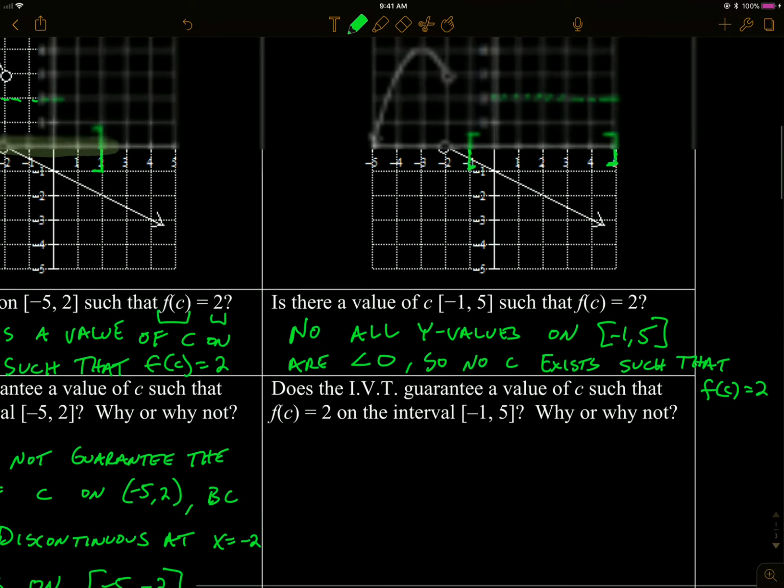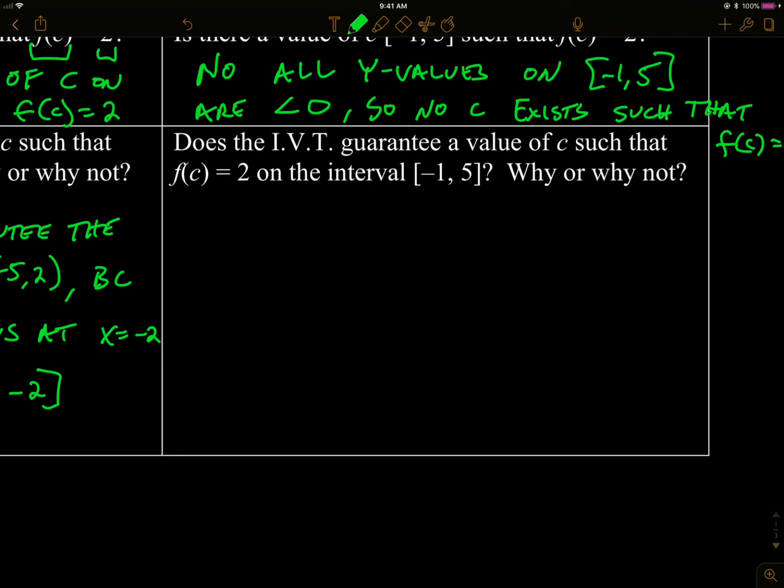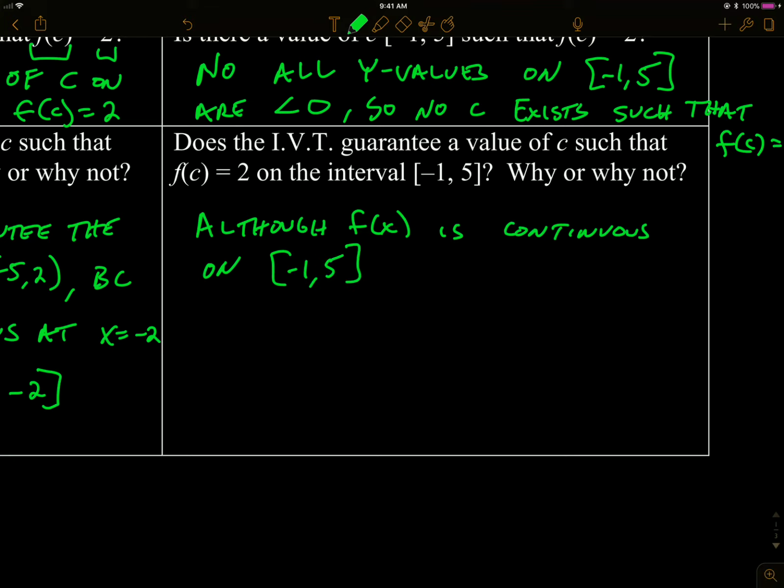So there isn't one there just by analyzing the graph, but we're also trying to apply the theorem. Does it guarantee a value of c? Of course it doesn't. The first criteria is met, though. That's what we're trying to point out here. Although f of x is continuous on the interval -1 to 5, f of -1 is -1/2.